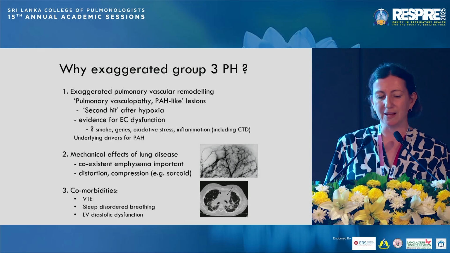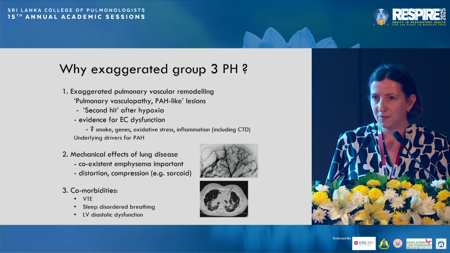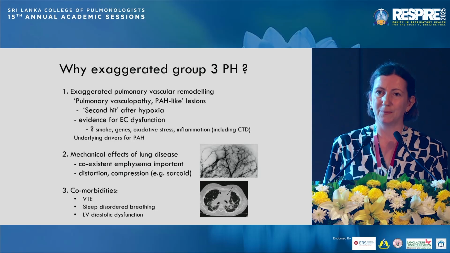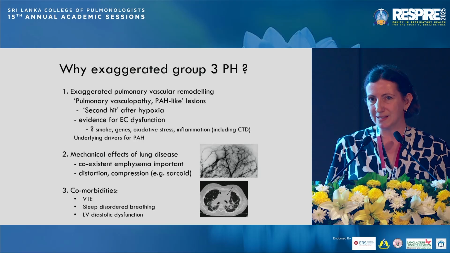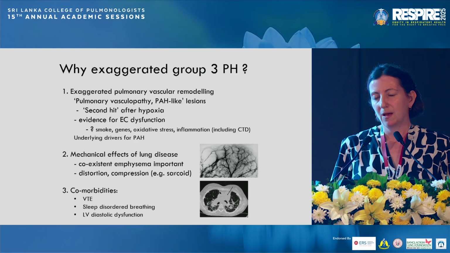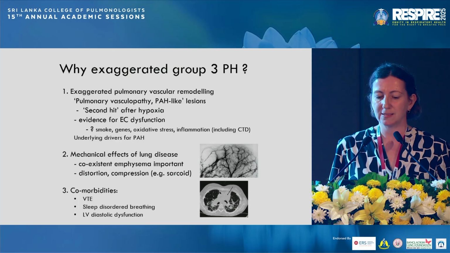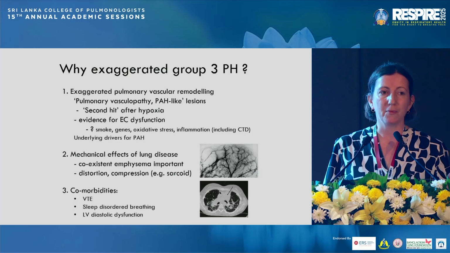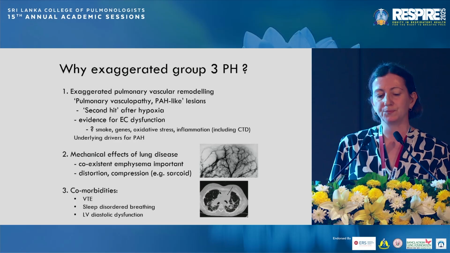So why do some patients get exaggerated group 3? So there's an exaggerated phenotype of pulmonary vascular remodeling. We think it's probably a second hit after the mild levels of hypoxia. There's certainly evidence for endothelial cell dysfunction, smoke of all kinds, genetics, oxidative stress, inflammation. And of course, there may be underlying drivers for a pulmonary vasculopathy, such as a sarcoid or a connective tissue disease itself.